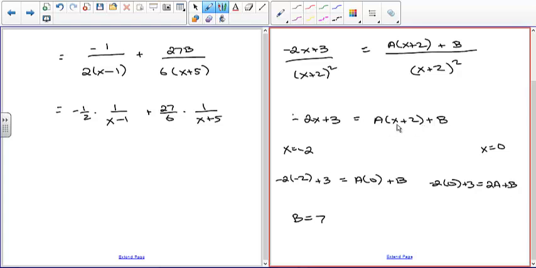This drops out, so we end up with 3 is equal to 2a plus b, which is 7. So now I take this and plug it in there. We subtract 7 from both sides, we'll get negative 4 is equal to 2a, or a is equal to negative 2. Negative 4 divided by 2 is negative 2.